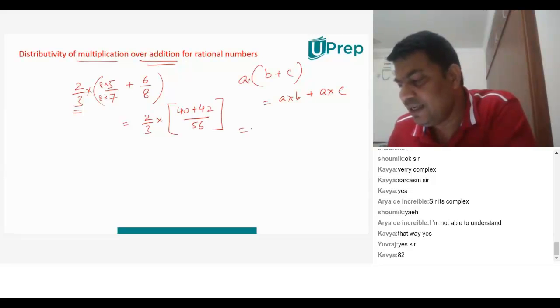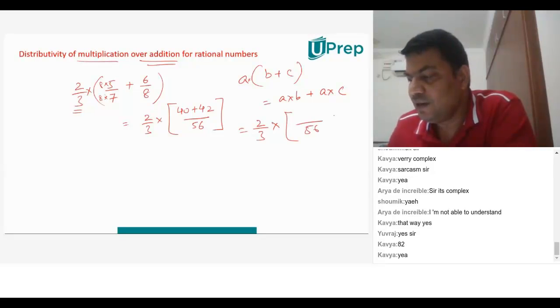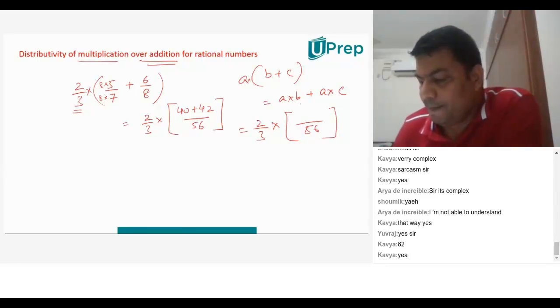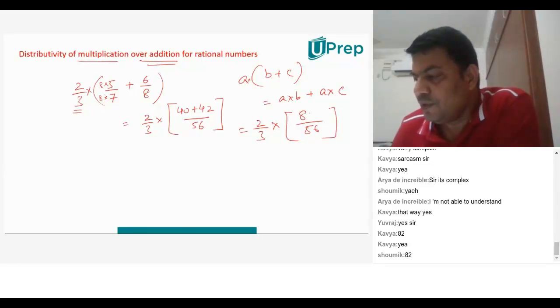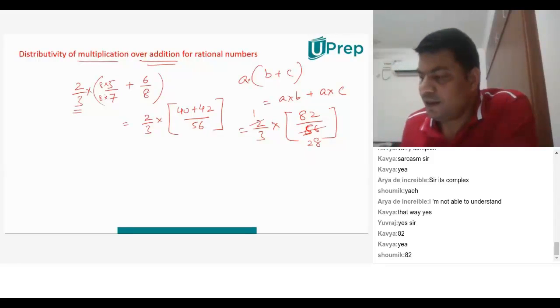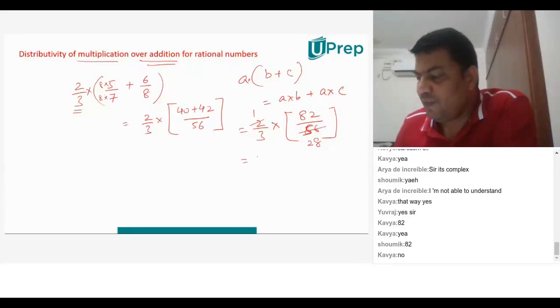So simplifying, it's 2 by 3 multiplied with a denominator of 56, and the numerator is 40 plus 42, which is 82. Can I multiply this now? 2 times 82 over 3 into 56. Is 82 divisible by 3? No. Simplifying by 2, the value is 82 divided by 3 into 28.